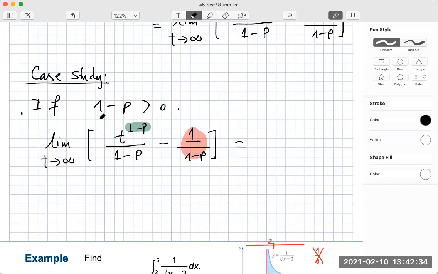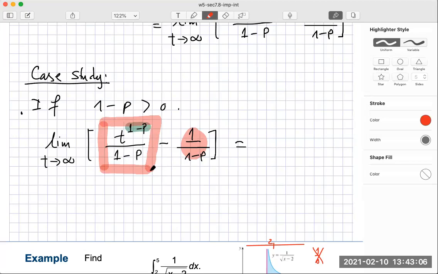So here, if I see your question, Georgia, the term 1 over 1 minus p is simply a given number, right? So this function here is a continuous function.